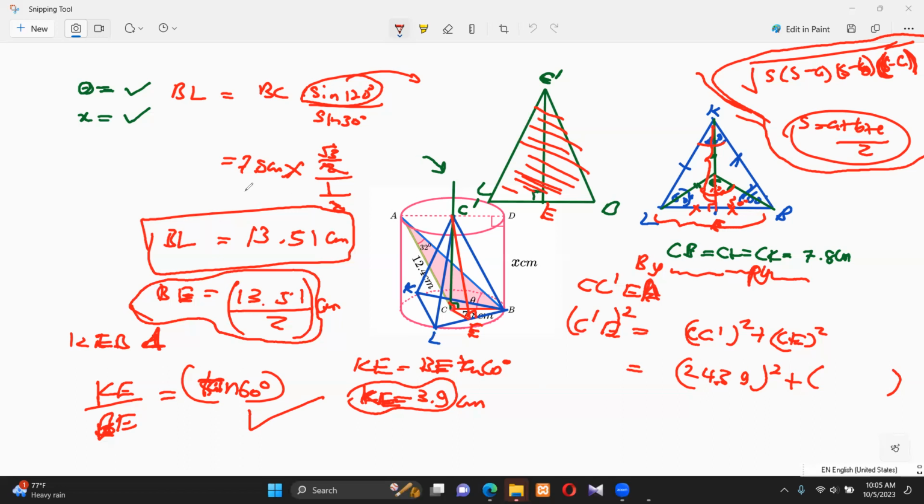Yeah, we have made some mistake when we found L. Let's check whether L is exactly 30.51 or not, right? 7.8 times sine 60 degrees times 2 equals 13.51. It's all right. Divided by 2.